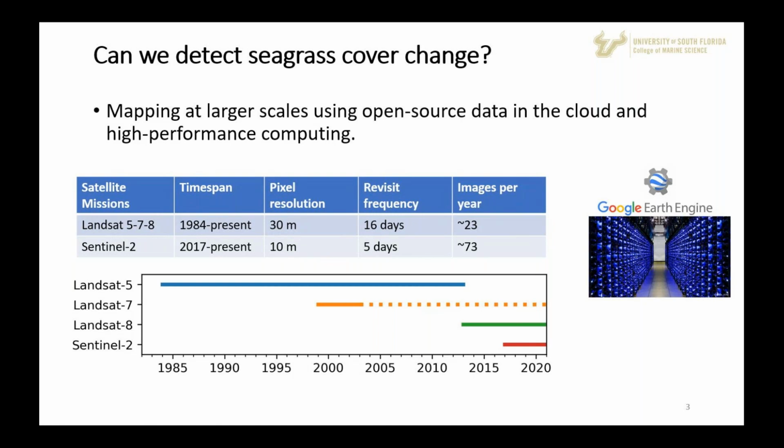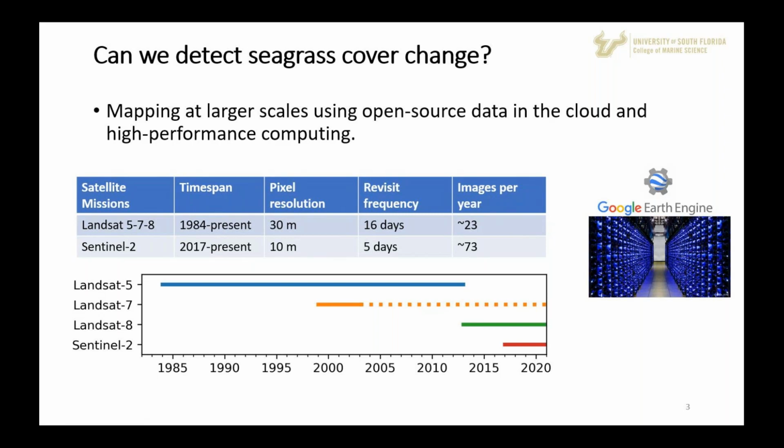So we can have access to about 3 times more images with Sentinel in a year than with Landsat. But also it is good that the Landsat missions or the Landsat satellites overlap in some years, which allows to explore more images with similar characteristics.